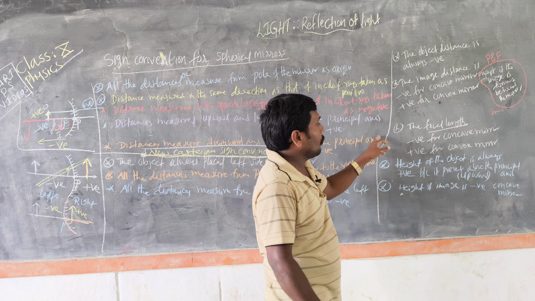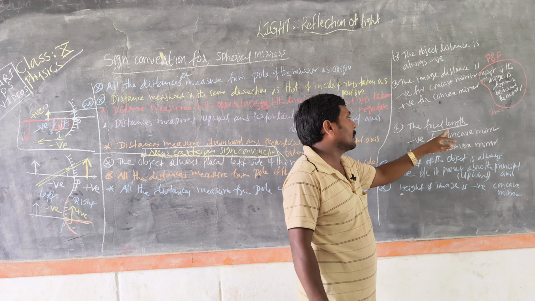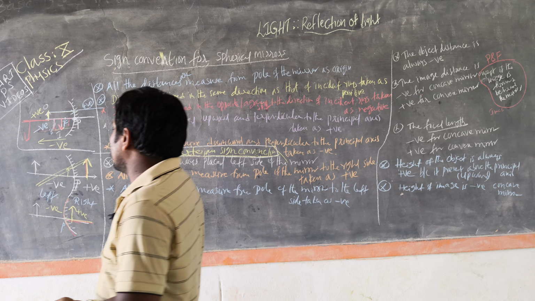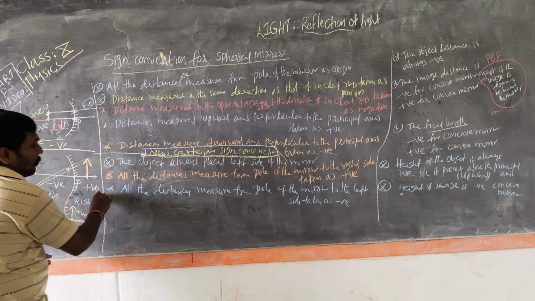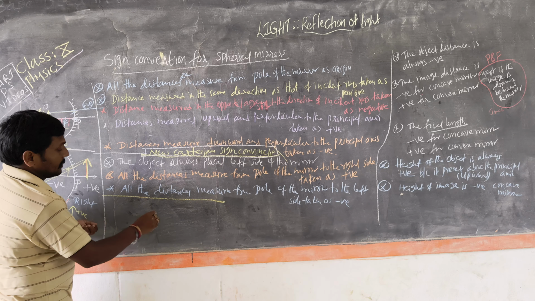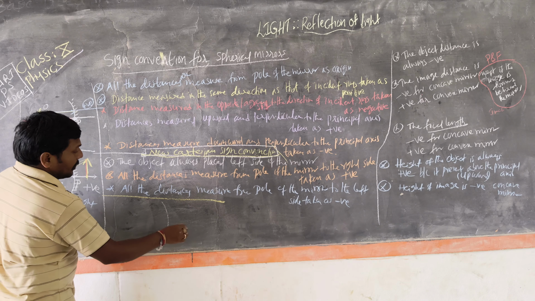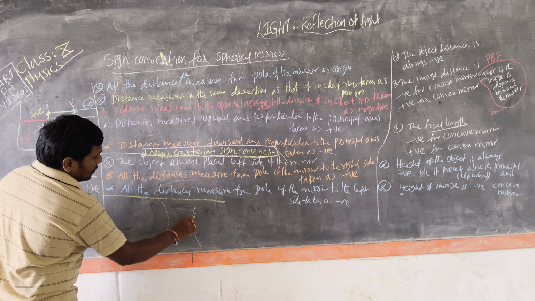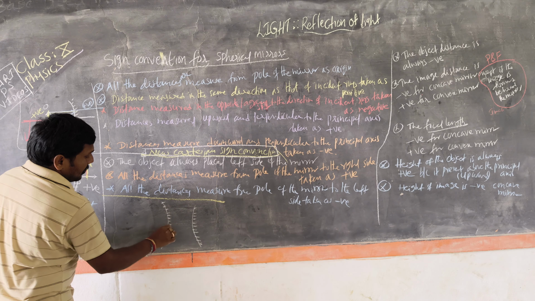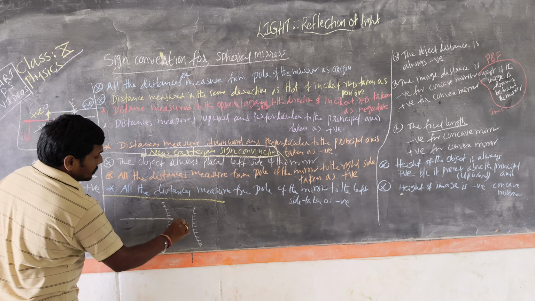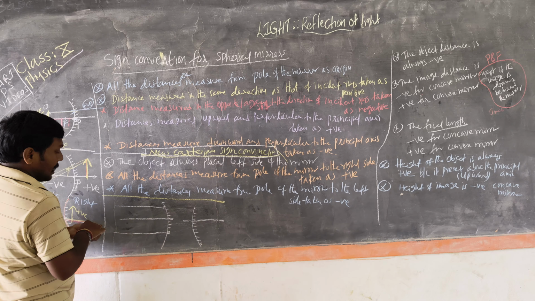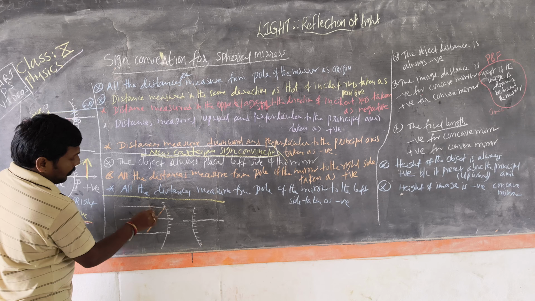Next one, the focal length is negative for a concave mirror and positive for a convex mirror. What is the focal length? All the reflected rays, either in the case of a concave or a convex mirror, parallel to the principal axis, meet at one point.